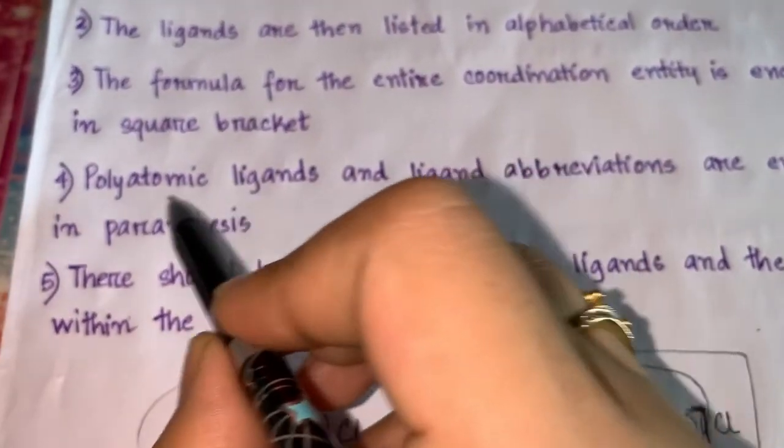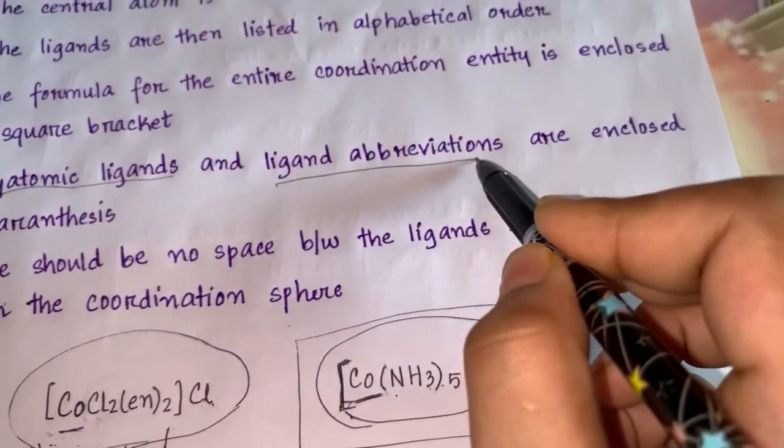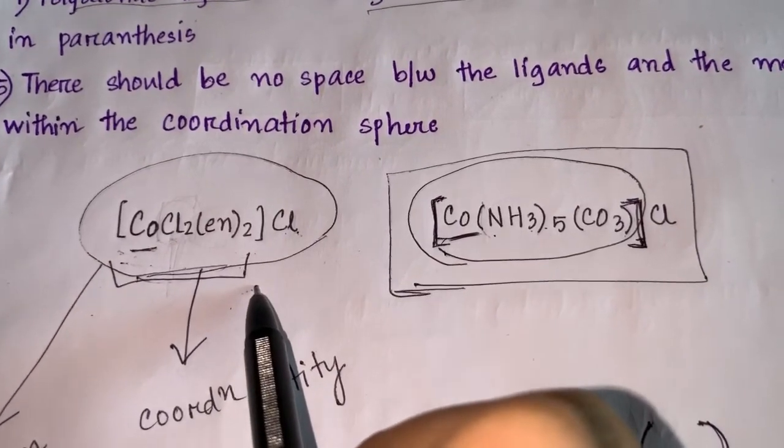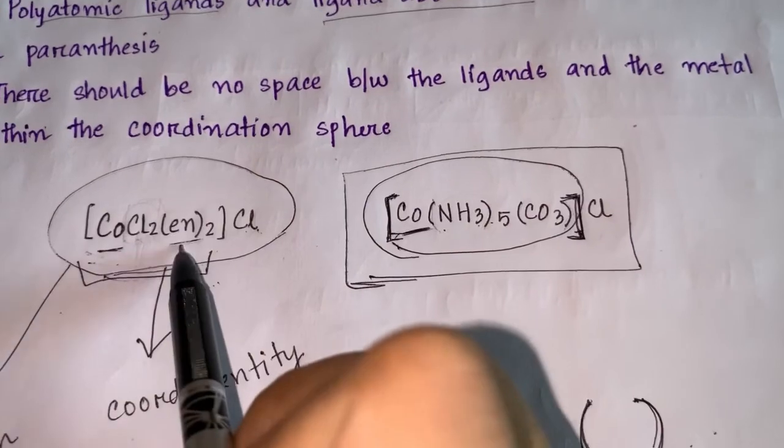We have talked about polyatomic ligands. Next is the ligand abbreviations. For this, let's move to the first one. Here we have seen that En is present. And what is En?